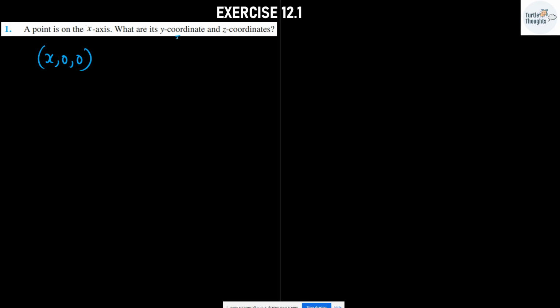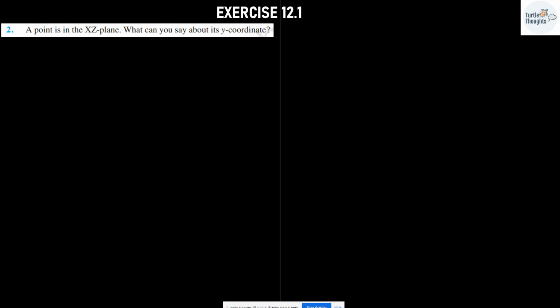So what is going to be your y and z coordinate? I can tell y and z coordinates both are 0, right? Only the x coordinate will exist.